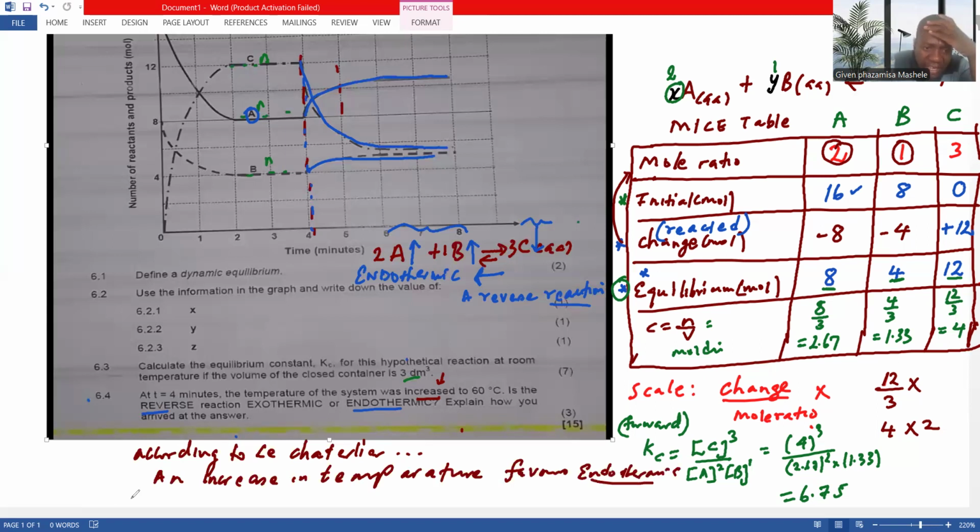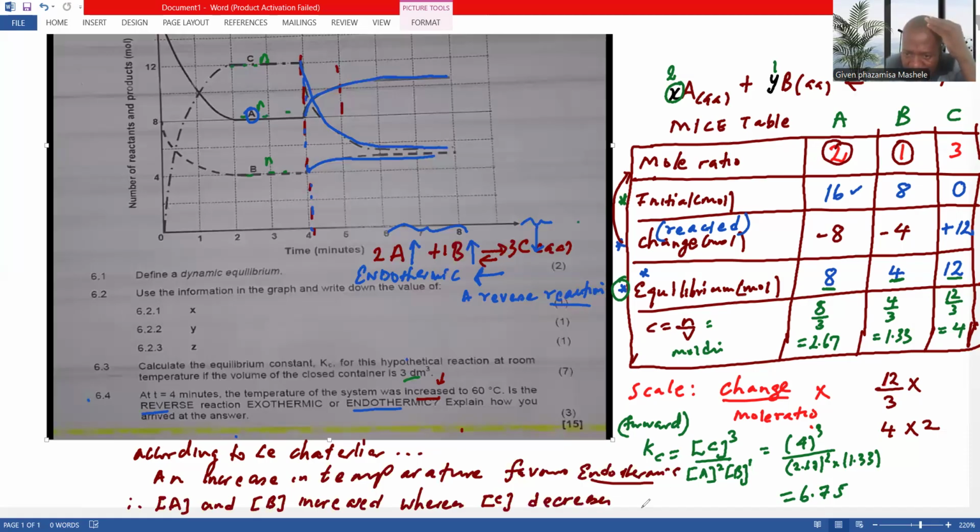Now, as a result, the concentration of A and B increased, whereas the concentration of C decreased. And what does this mean?